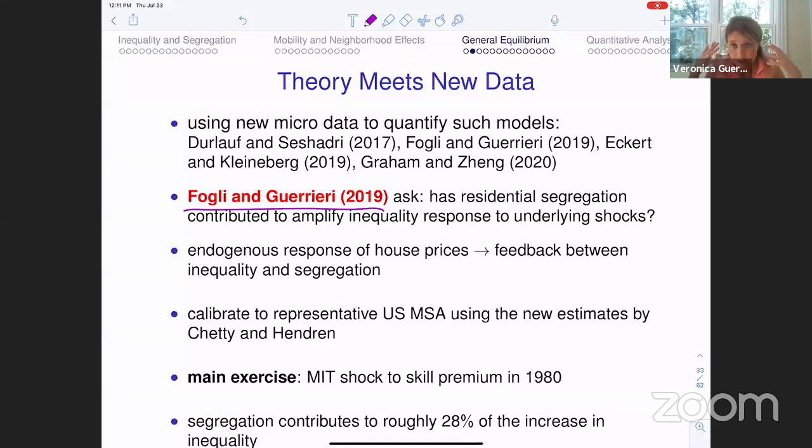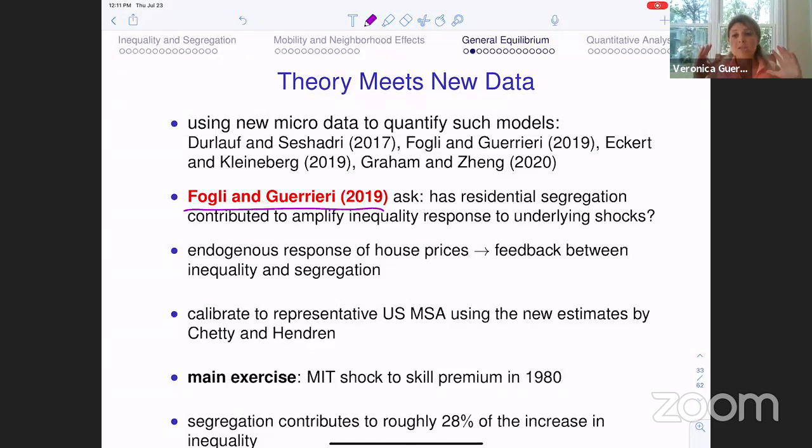Right? So our reasoning is that there is some underlying shock that generates this rise in inequality, and there is a standard common suspect that people have emphasized, and there is a lot of consensus that it is part of the story: the rise in the skill premium, so skill-biased technical change.